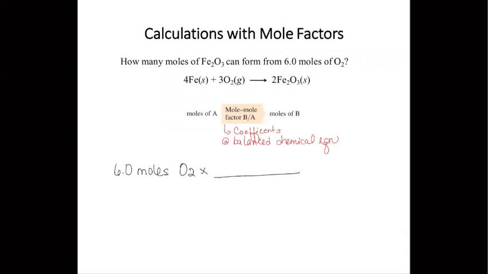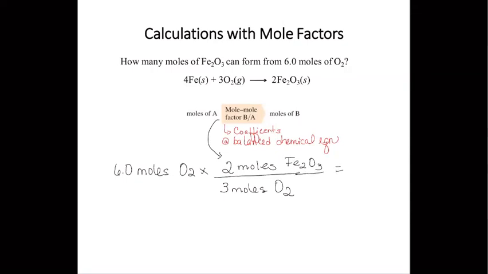Then I'm going to use my conversion factor, which is the mole to mole factor. So I'm relating O2 to the product. I know that 3 moles of O2, based on my balanced chemical equation, are related to 2 moles of iron 3 oxide.